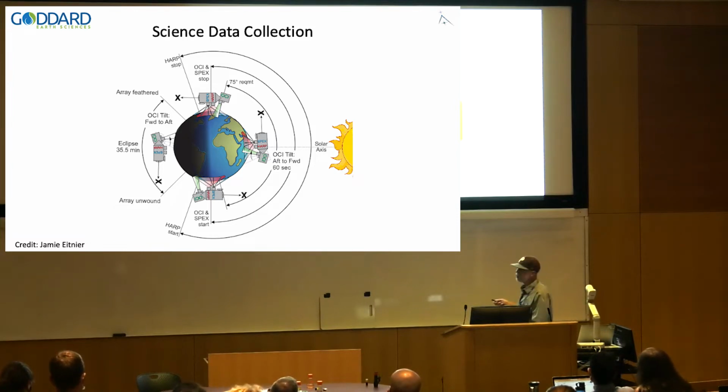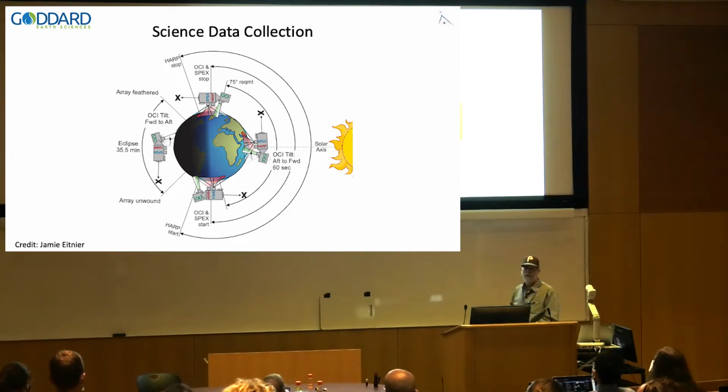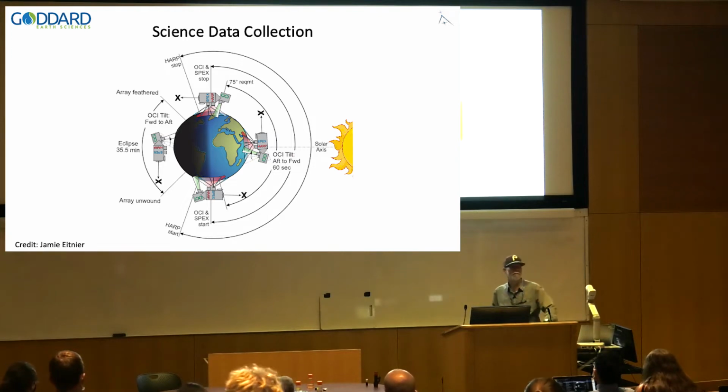HARP starts a little bit early because they want to view the lit Earth through their entire range of forward and aft views. So they start back here when the limb starts to see the lit Earth. OCI and SPECS both turn on over the terminator. OCI at this point is tilted aft. You might have heard something about glint, so we tilt aft to avoid the sun glint.